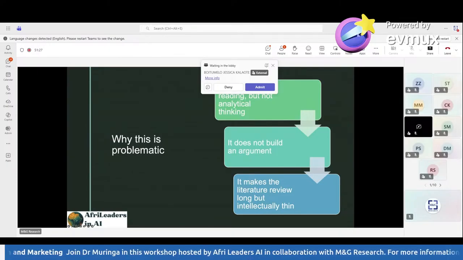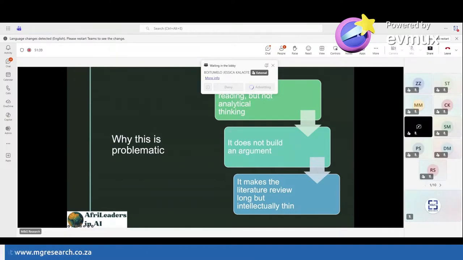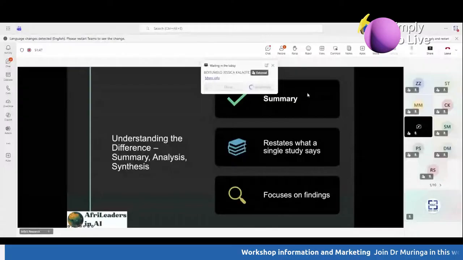It ticks all those boxes, but you would find that it is thin. It is a bare and basic description of what other people have said, without a golden thread, the argument that is required in that literature review. That's what we normally come across.